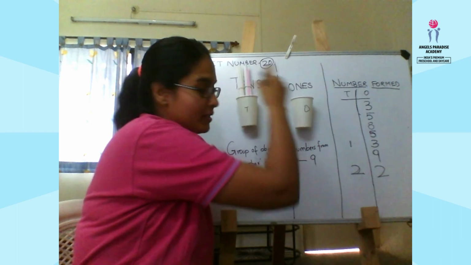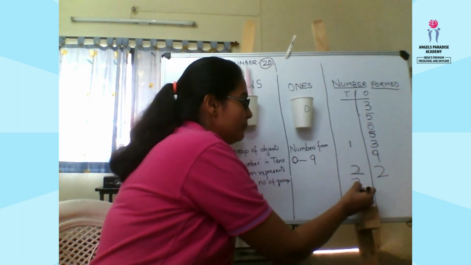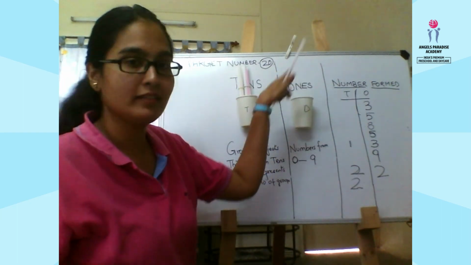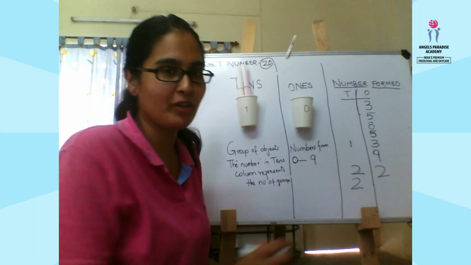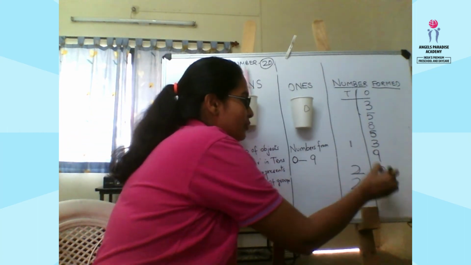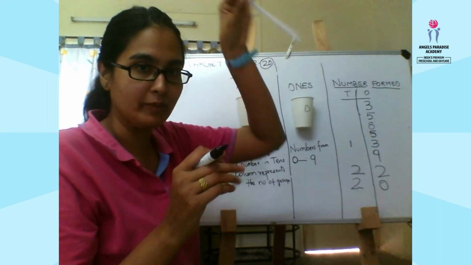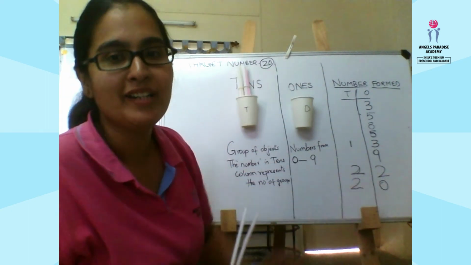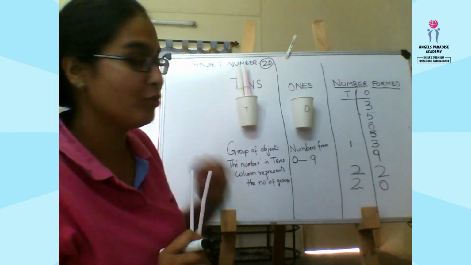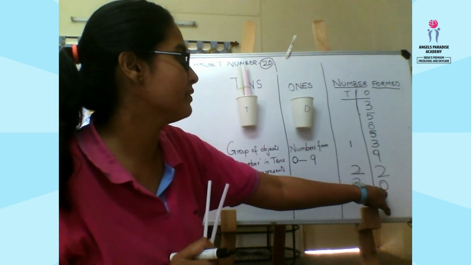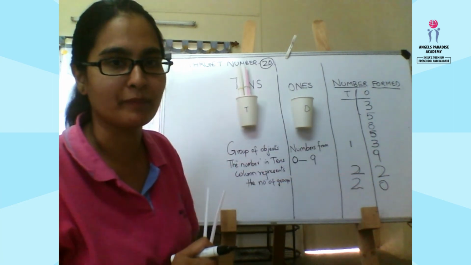So two groups, 2 in the tens column and nothing in the ones column. So we removed 2 straws from the ones column and we made it 20.